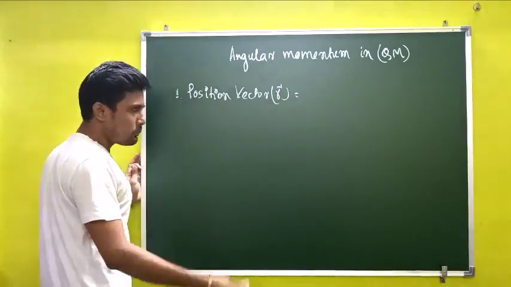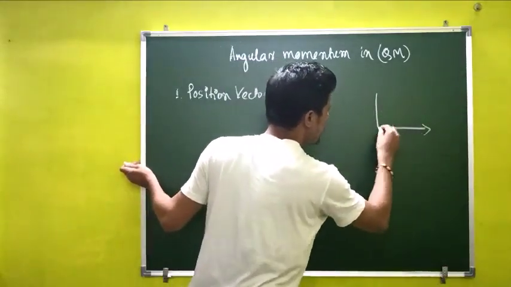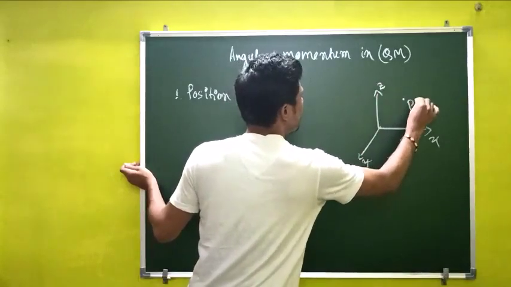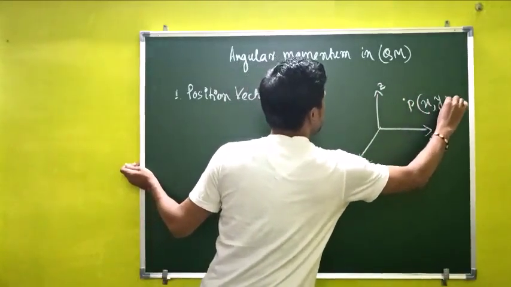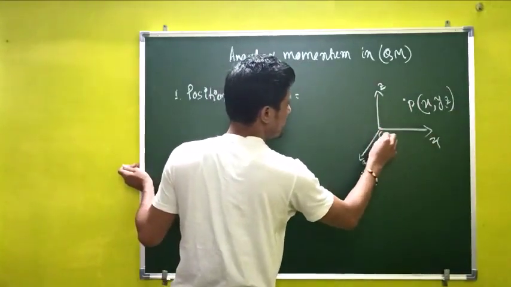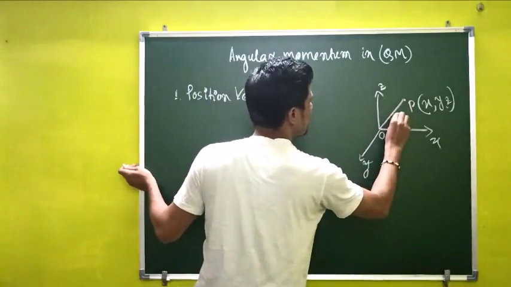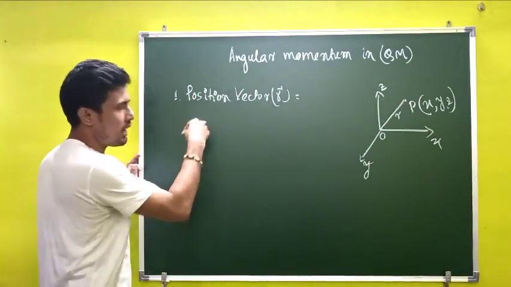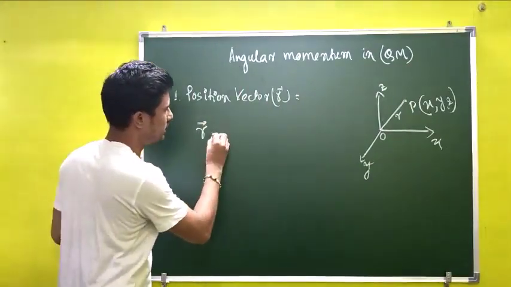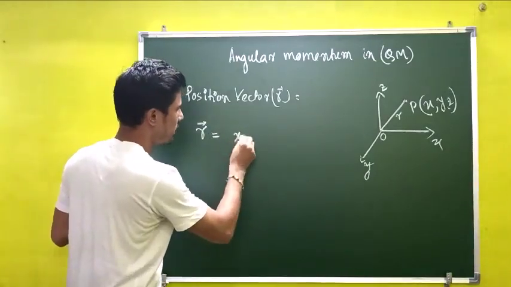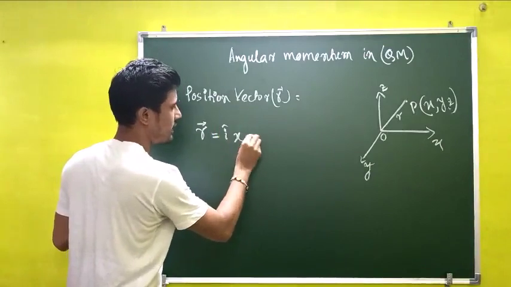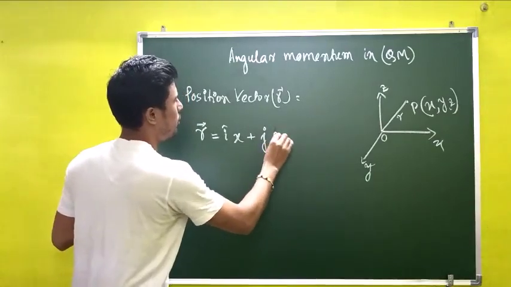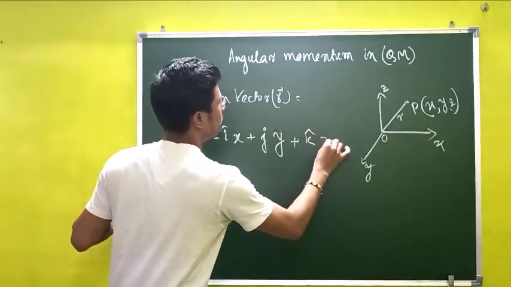Suppose in Cartesian coordinates x, y, z, there is a point P whose coordinates are x, y, z, and its distance from the origin O is R. In this case, the position vector, represented by R, is given by the vector summation of the three coordinate vectors: i times x, j times y, and k times z.